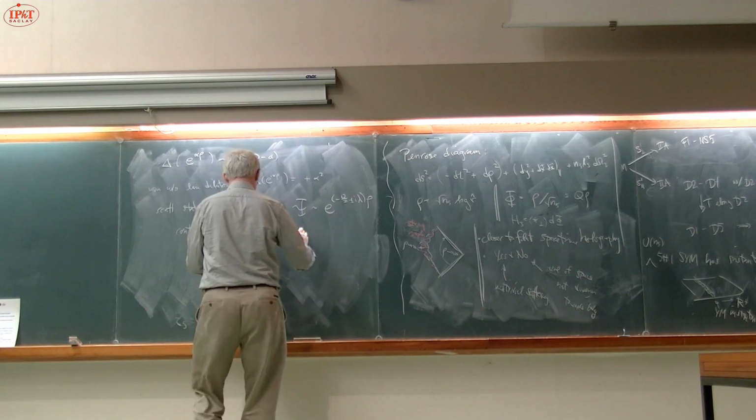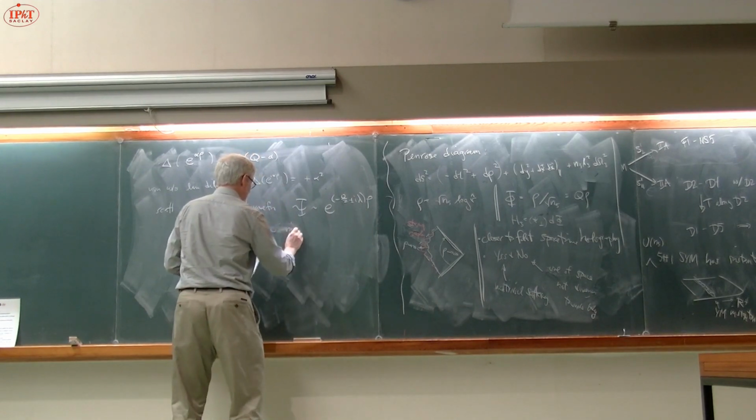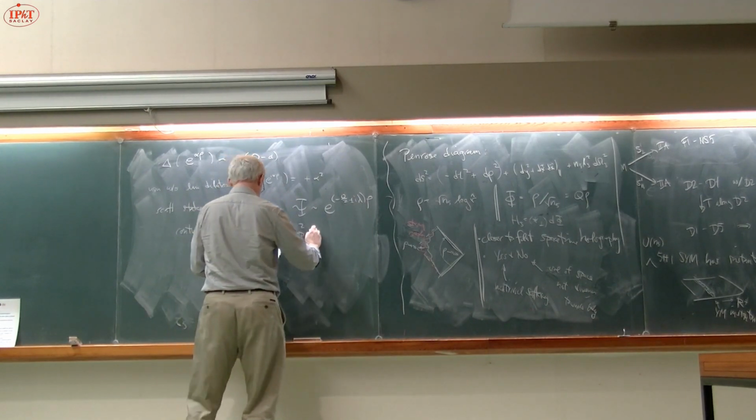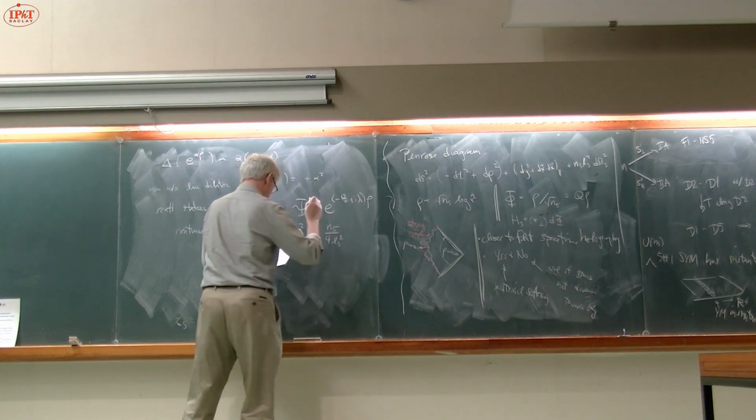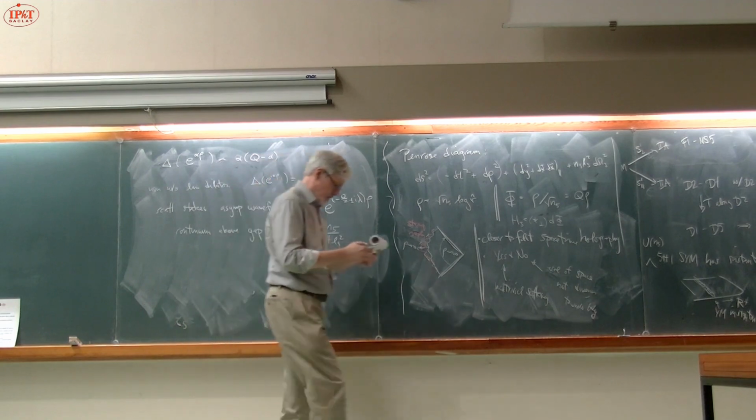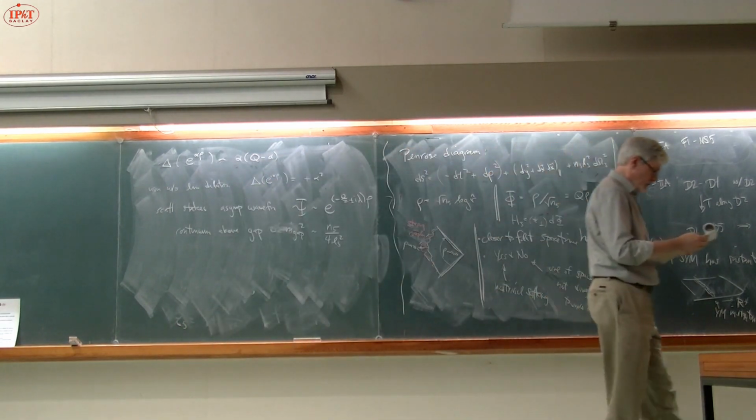In fact, more precisely, m gap squared is like n5 over 4 l_string squared. So those are the dimensions.